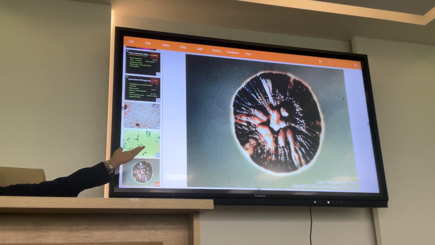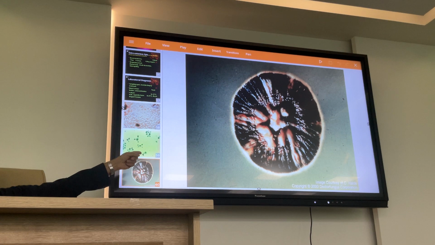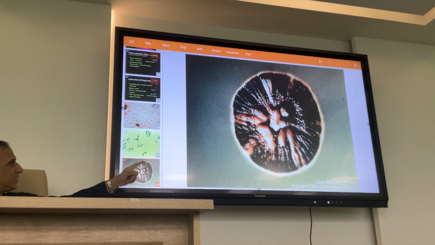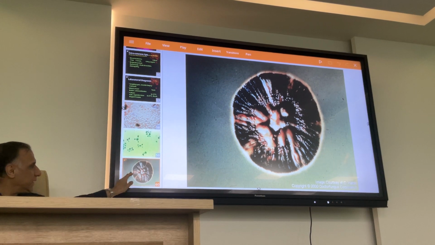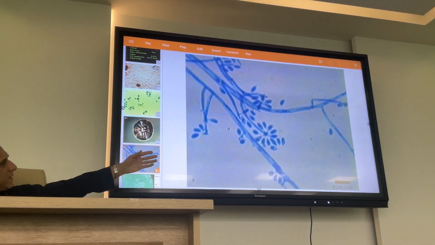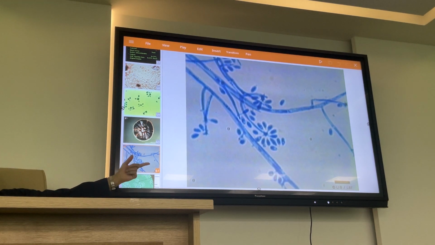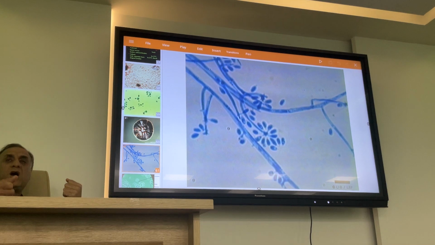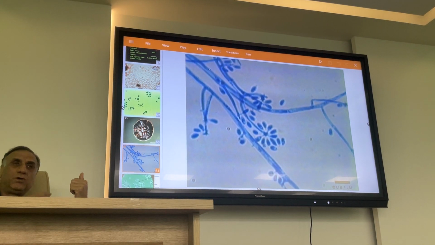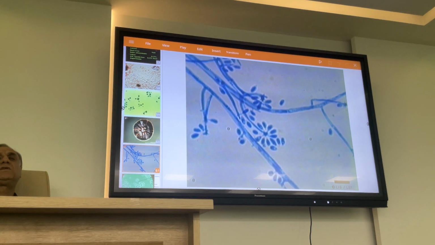It is a colony in mycelial form. If you check it under the microscope, it shows a rosette pattern of sporulation. If you isolate this colony from the skin lesion, you can decide for sporotrichosis.